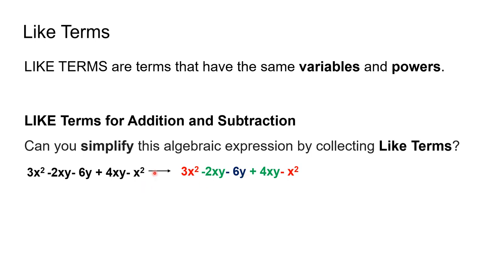3x squared minus x squared. So what do like terms have? They have the same variables and powers. Immediately when you have the same variables and powers, you must know that those things are like terms. And minus 6y doesn't have a like term. So you add or subtract those like terms. 3x squared minus x squared, like 3 apples minus an apple, you have 2x squared.